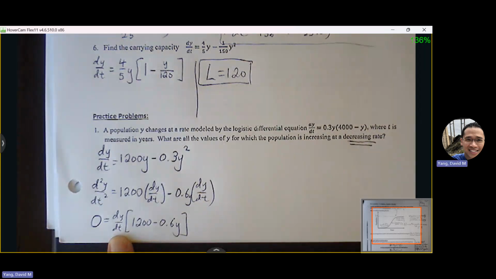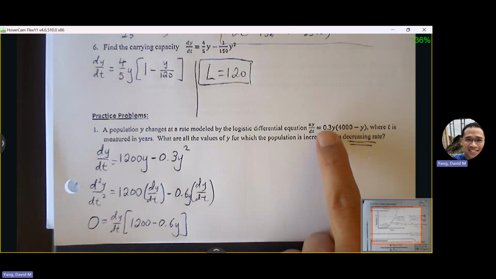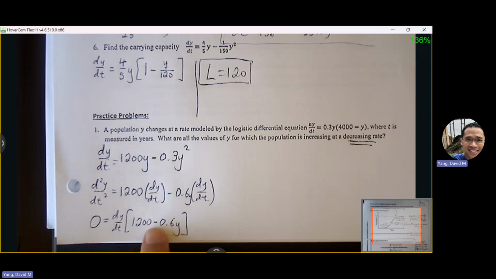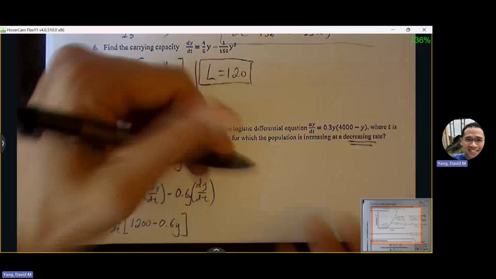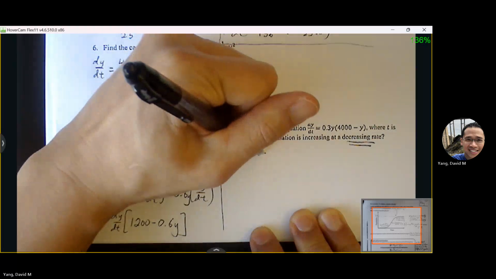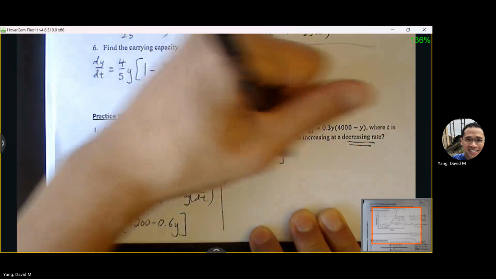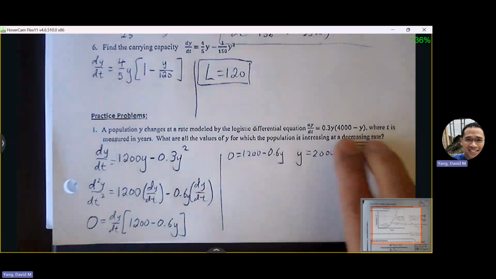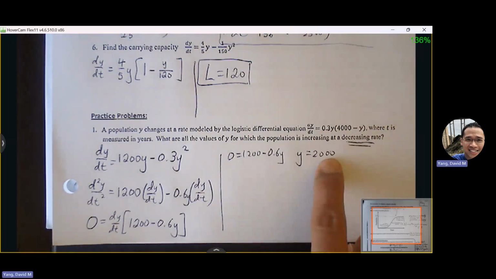So for dy dt it's basically this, right? So we have 3 critical points. One is at 0, the other is at 4,000, and then the other is whatever causes this to be 0, 1200 minus 0.6y. So my critical points are 0, 4,000, and 2,000.